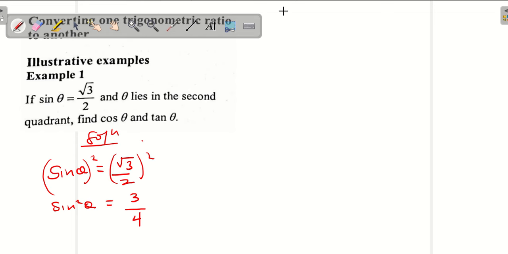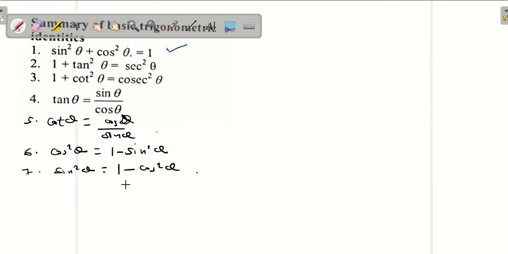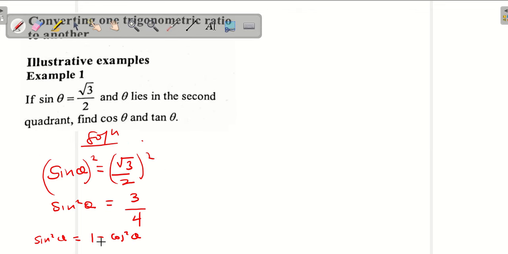But we know that, using the identities, sine squared theta is equal to 1 minus cos squared theta. We just learned that. So we can write 3 over 4 equal to 1 minus cos squared theta.